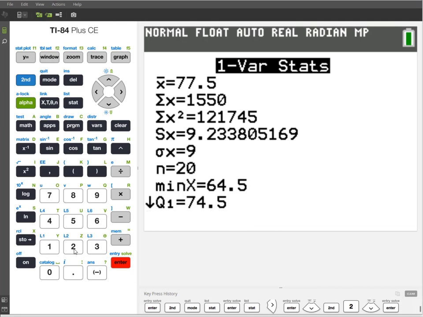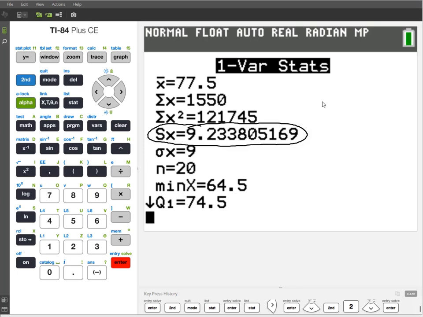Again, we just mentioned that our problem did not mention the word all or population or anything like that. So we are going to assume that we are looking at a sample, which means I'm going to look for Sx, or S of X. So I'm going to say that my standard deviation is 9.23.